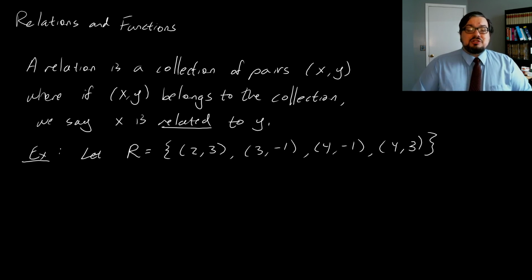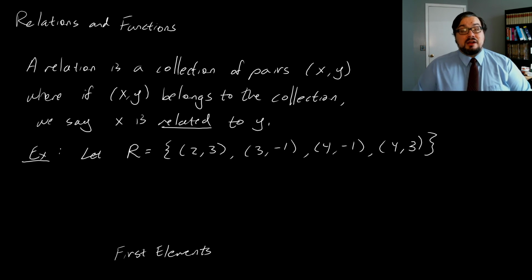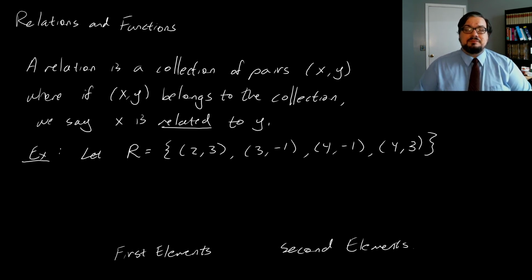Now, especially when our relations are fairly small like this, with only a few terms inside, we have a graphical way of describing this relation, which is often helpful. What we can do is list out in one column over here all of the first elements of pairs in the relation, and then over here on the right we can list the second elements in pairs in the relation.